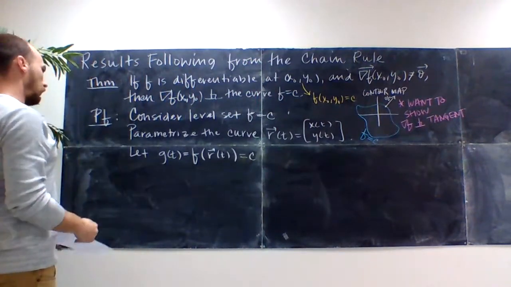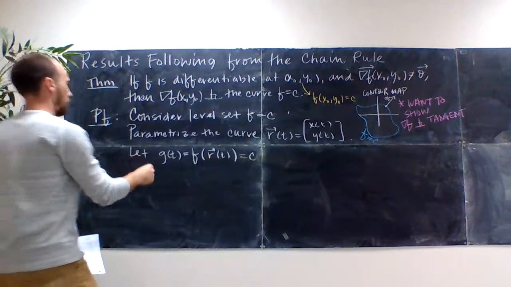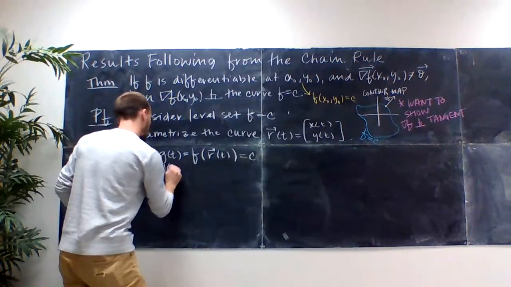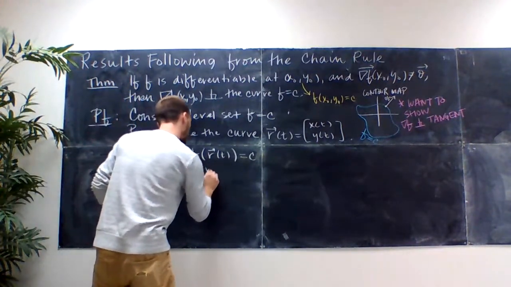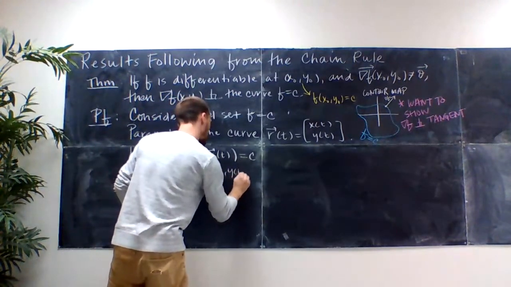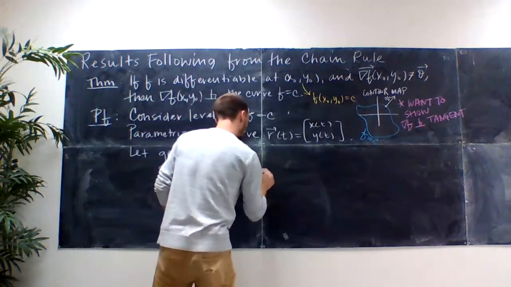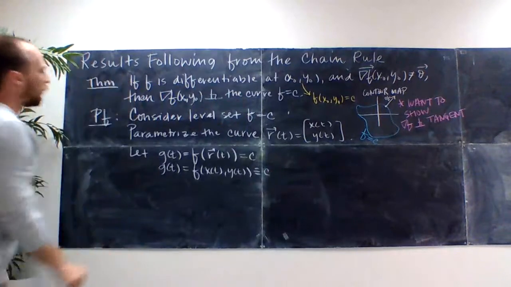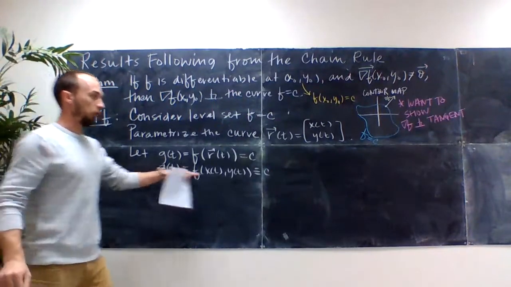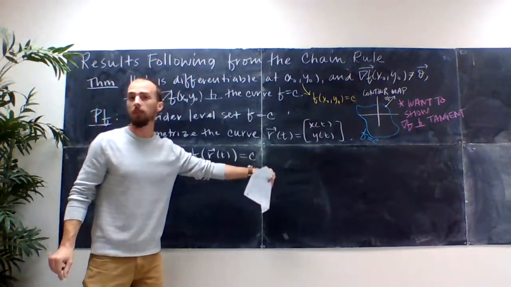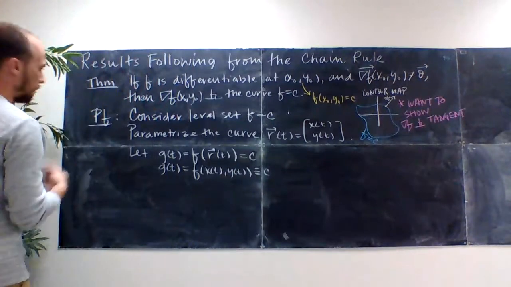So g of t is f of x of t and y of t, which is constantly equal to c. When I take the derivative of g using the chain rule, I should get 0, because the derivative of a number c is 0.